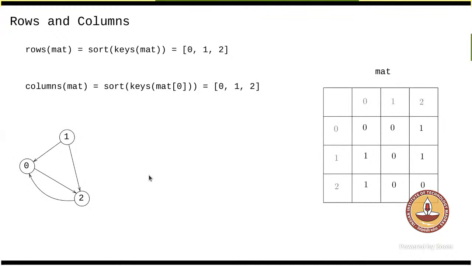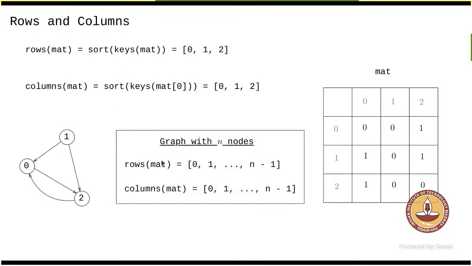So now you can bypass this. You don't necessarily need to remember what this is, because rows of mat give you the list of rows and columns of mat give you the list of columns, so we can ignore this for now.